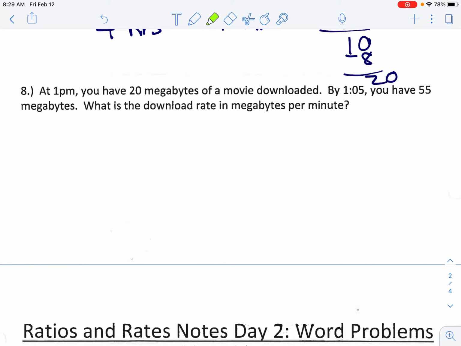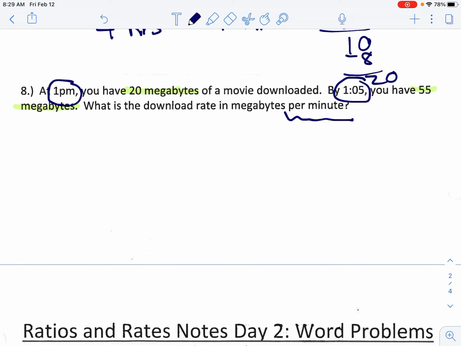At 1 p.m., you have 20 megabytes of a movie downloaded. By 1:05, you have 55 megabytes. What is the download rate in megabytes per minute? Let's see. At 1 p.m., I had 20, and by 1:05, I had 55. So the first thing I'm thinking about is the time.